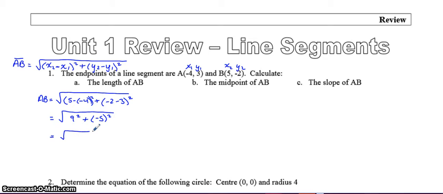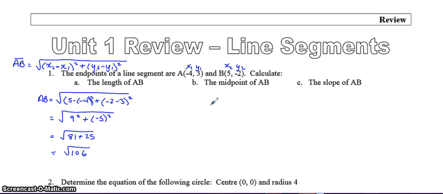And that makes the square root of 9 squared is 81, negative 5 squared is 25, and 81 plus 25 would be 106. Now you would leave it as a square root unless you were asked to change it to a decimal and round it. So we're just going to leave that as the square root of 106.